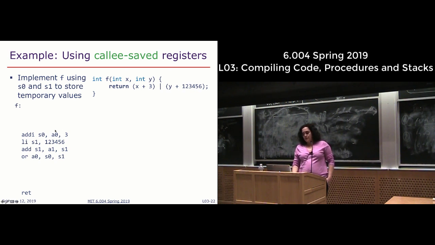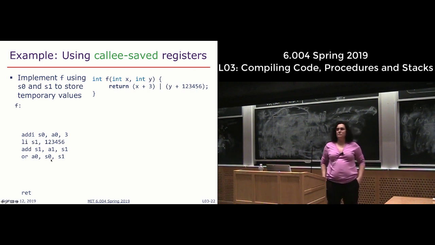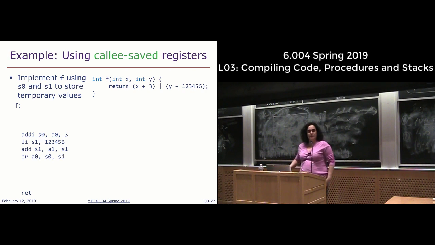And it's going to store its result into some temporary register, which this particular procedure chose to use S0 for. Okay? Then I'm going to have a load immediate into some other register, S1 specifically, where I'm going to load this big constant. I'm then going to add y to it and store it again in this S register. And finally, I'm going to take the OR of those two temporary registers in order to produce my result, which I'm going to put into A0 because by convention we put the result of the procedure in the A0 register.